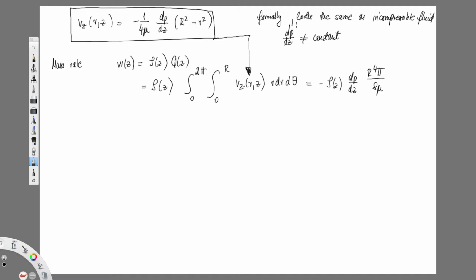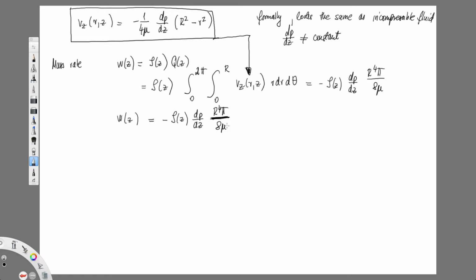Now, my mass rate depends on z, and it's minus rho of z dp/dz pi R to the fourth over 8 mu. Now, I actually have to look at some average over the entire tube since this depends on z.